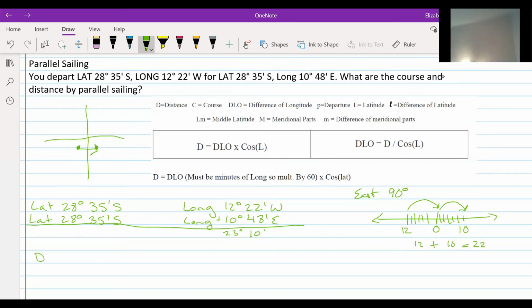So D equals D low times cosine of L. So D equals 23 degrees, 10 minutes, times cosine of latitude, which is 28 degrees, 35 minutes.